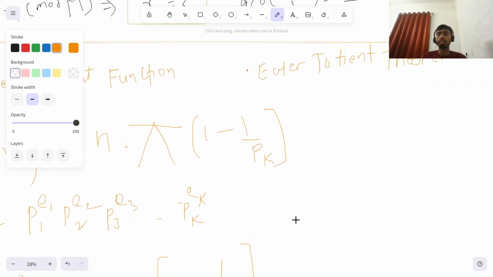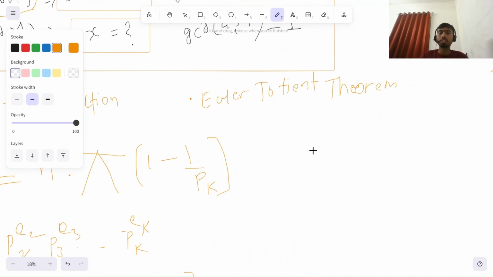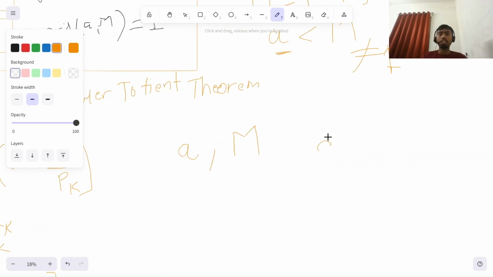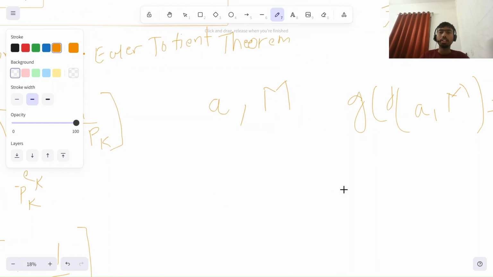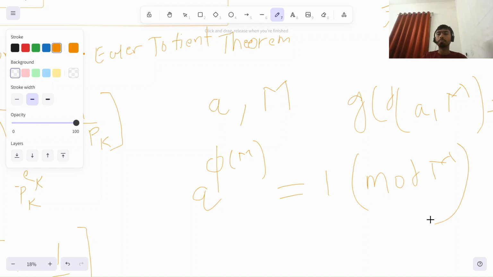Let's move to our Euler-Totient theorem. The Euler-Totient theorem states that for a number a and m, which is any composite number, if GCD of a and m is 1, that is, both numbers are co-prime with each other, then a to the power phi of m is equal to 1 modulo m.